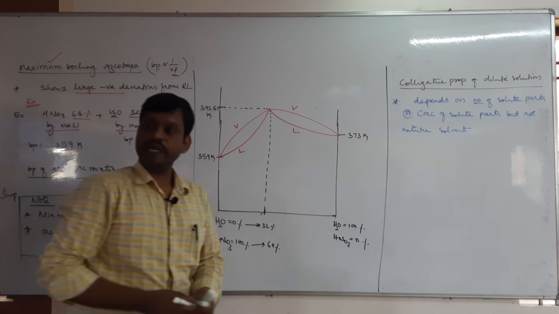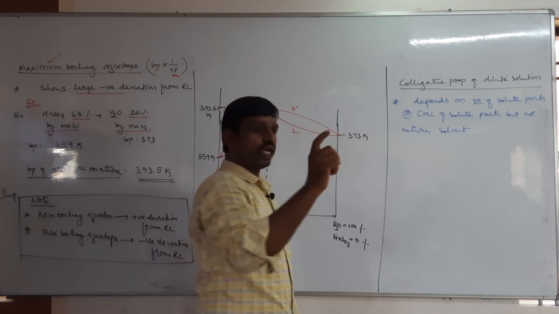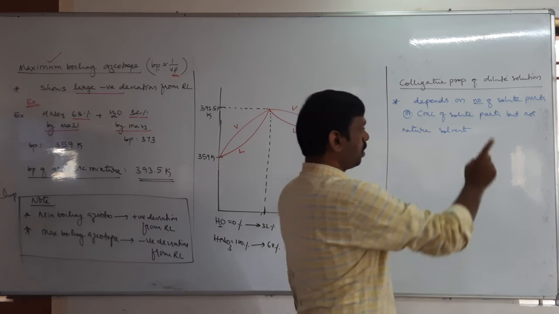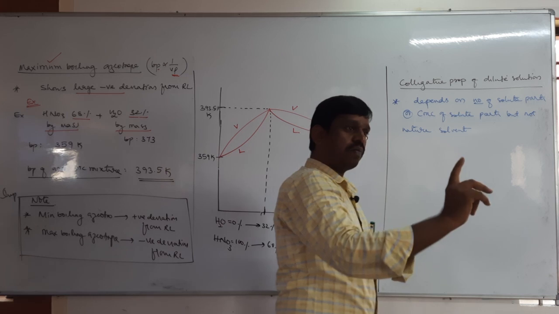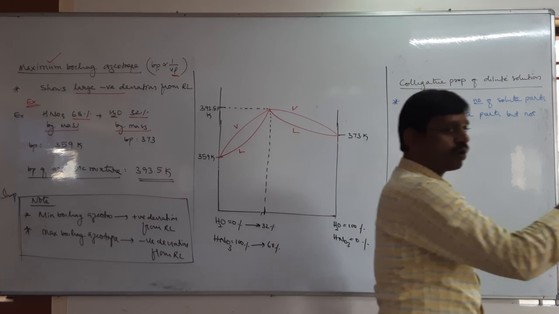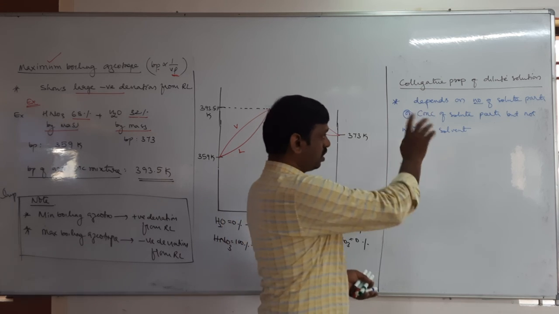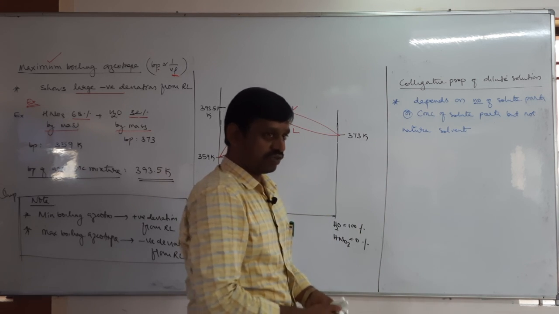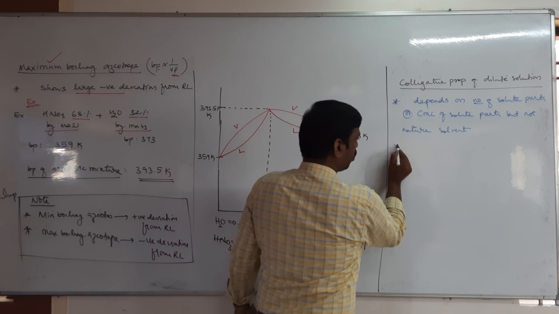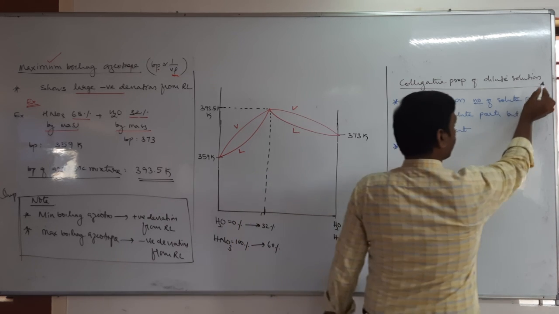Irrespective of the nature of the solvent, these colligative properties depend only on the number of solute particles. As the number of solute particles changes, colligative properties will change. Therefore they are called colligative properties. Next point, colligative properties are applicable for only dilute solutions.